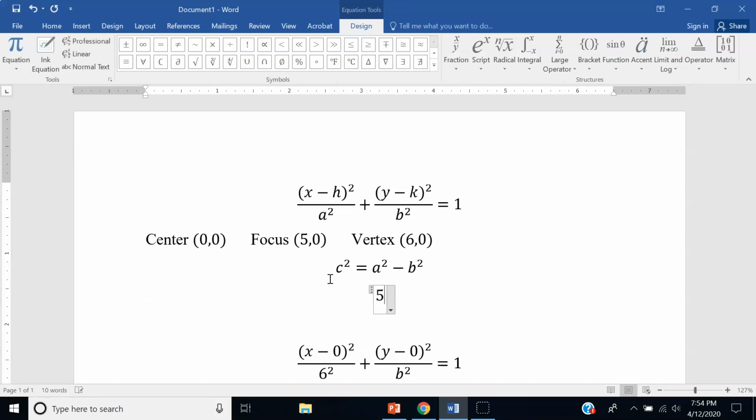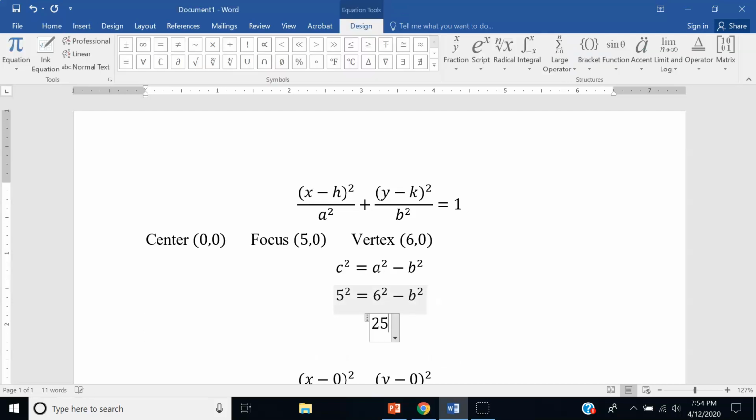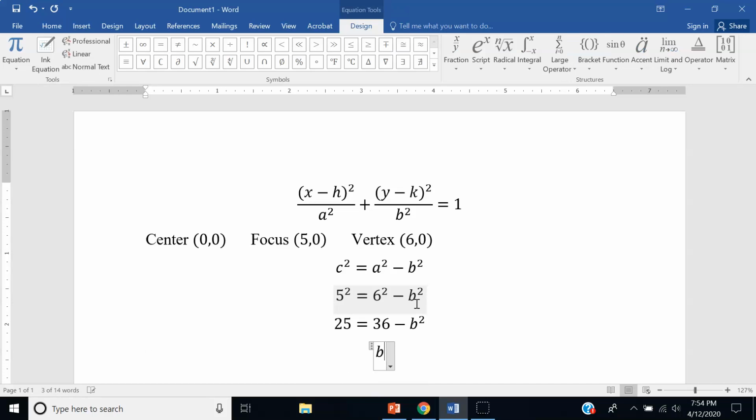So 5 squared equals, well, I know the a squared is going to have to be 6 squared because that's what I'm given. So if I need to find b, I can find it using this equation. So we have now 25 equals 36 minus b squared. So b squared has to be 11.